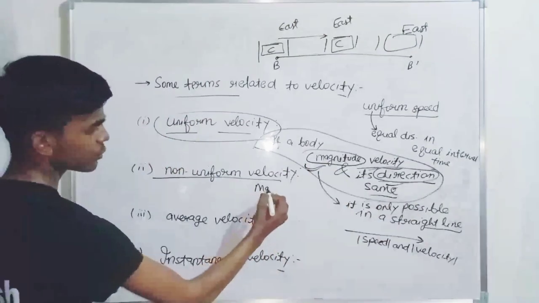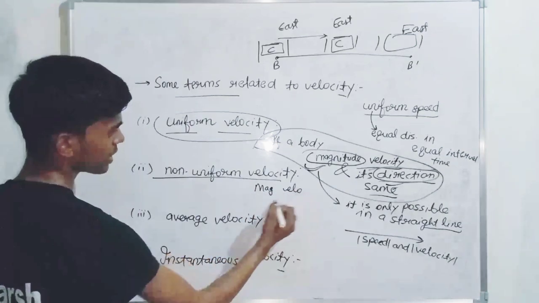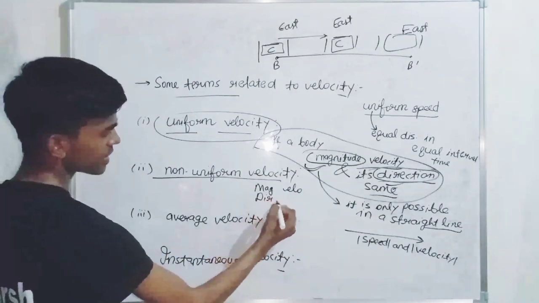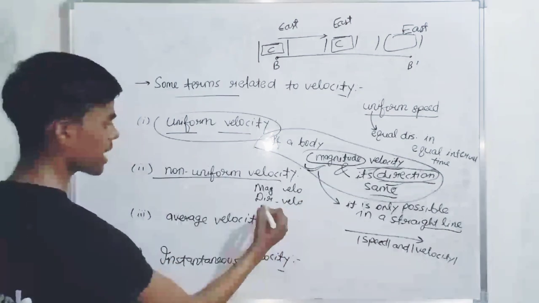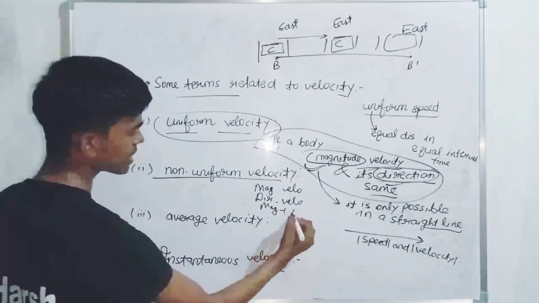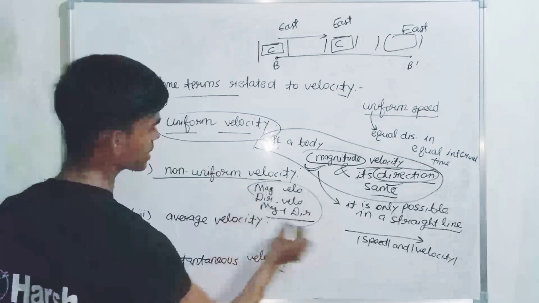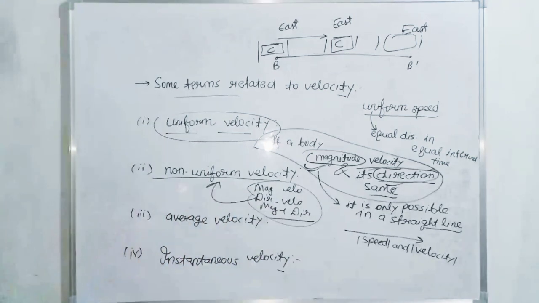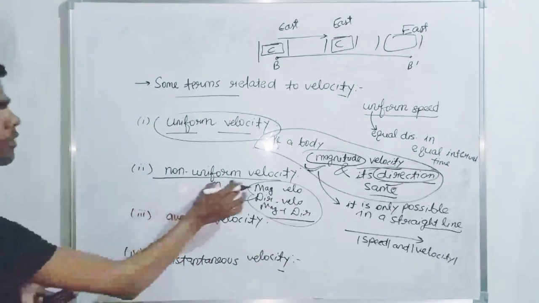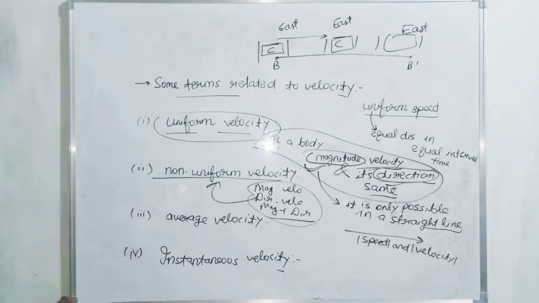Suppose the magnitude of velocity is changing, or the direction of velocity is changing, or both magnitude and direction are changing, then we say that this kind of body has a motion of non-uniform velocity.